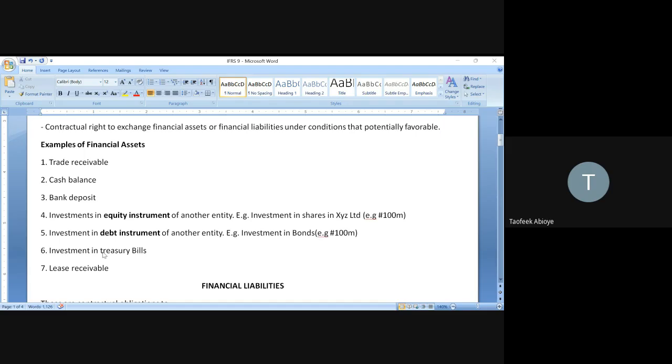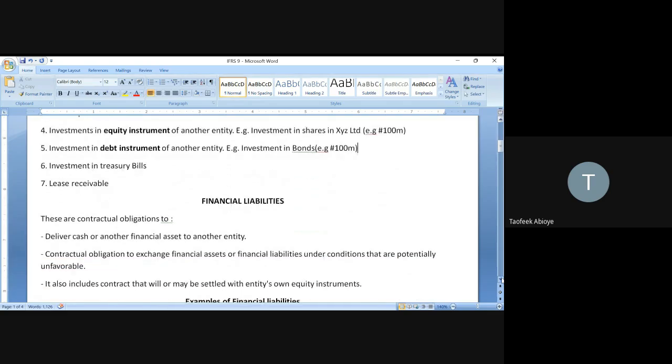So he will be owing, then you will be collecting. Lease receivable is also a financial asset. Let's proceed to the next one. So the next one is financial liability. Financial liability is the opposite of financial assets.